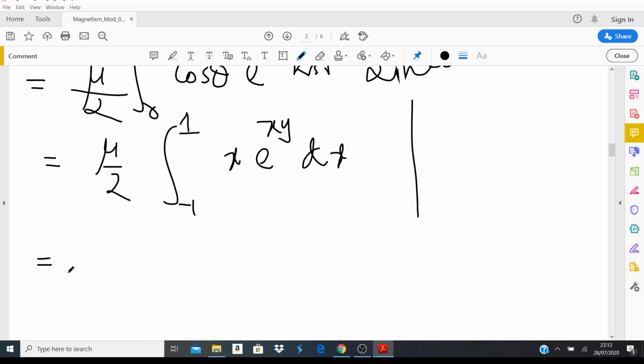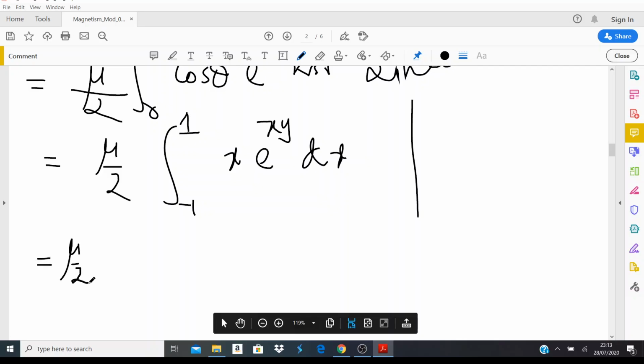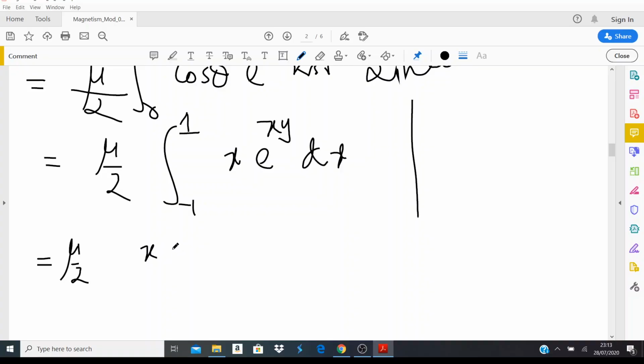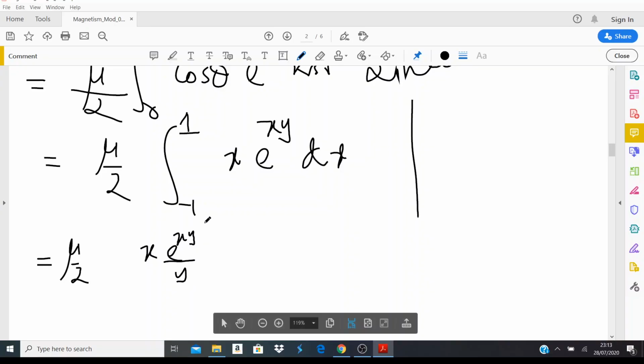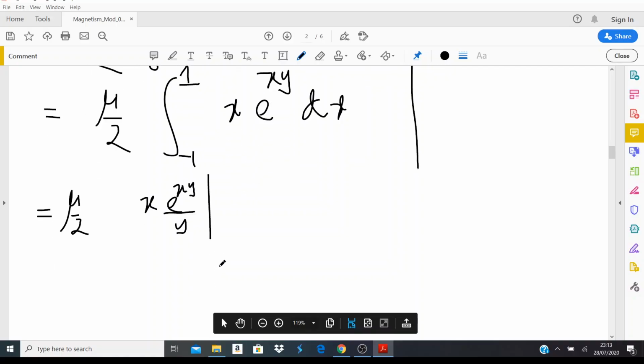Let's do it here. So we have some mu by 2, and this is our first function, and this is our second function. So you remember that the rule is you keep the first function, but then integrate the second function, right? So which is e to the power xy by y. This is the integration of this function, and then you put the limit -1 to +1, right?